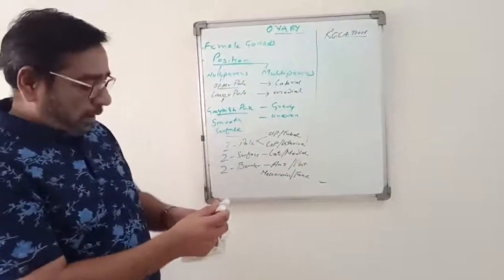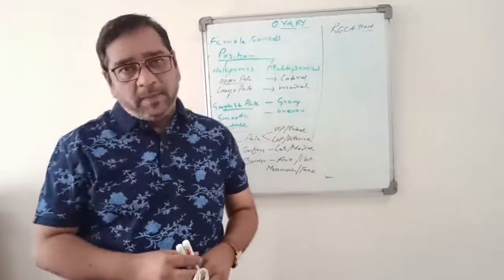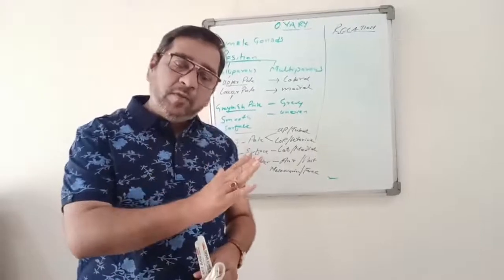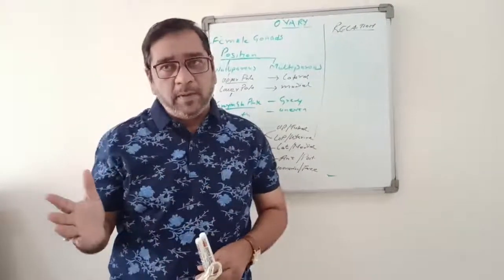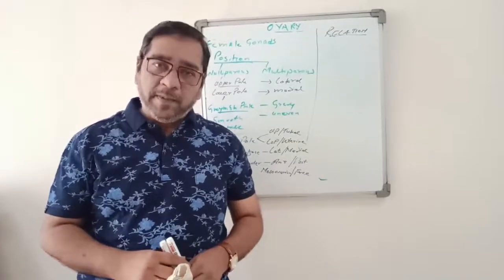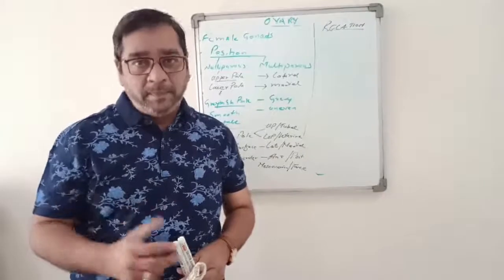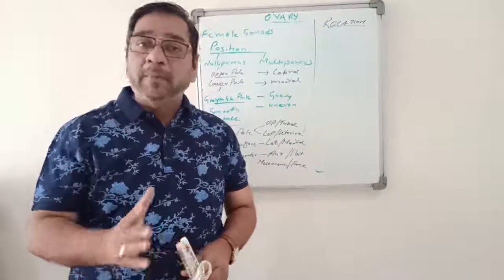It is very important to understand the position of the ovaries in a nulliparous woman and in a multiparous woman. In a nulliparous woman, nulliparous means a girl who has not delivered any baby or who has not undergone pregnancy.